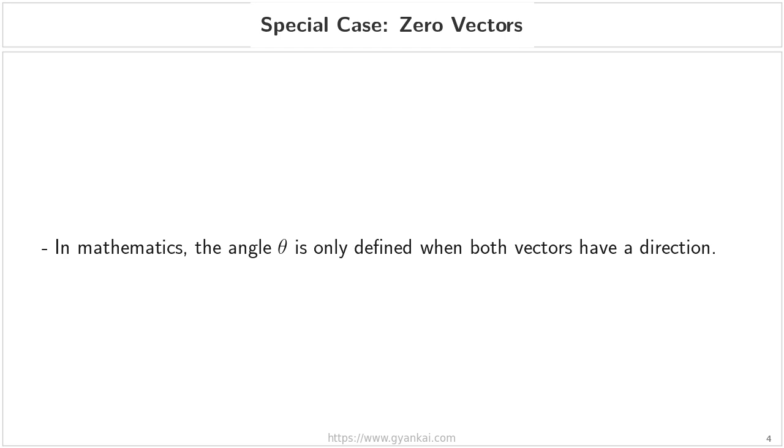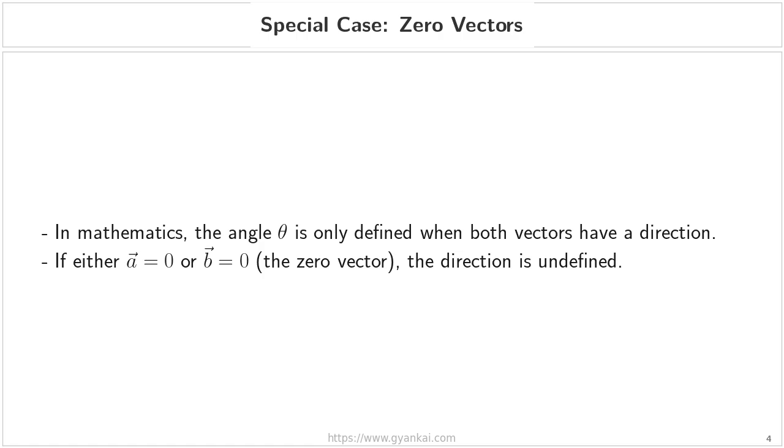However, in mathematics, an angle can only truly be defined when both vectors have a specific direction. If we encounter a situation where either vector A or vector B is equal to the zero vector, we run into a problem because the zero vector has no magnitude and, more importantly, no direction. Since the direction is undefined, the angle theta becomes impossible to determine.